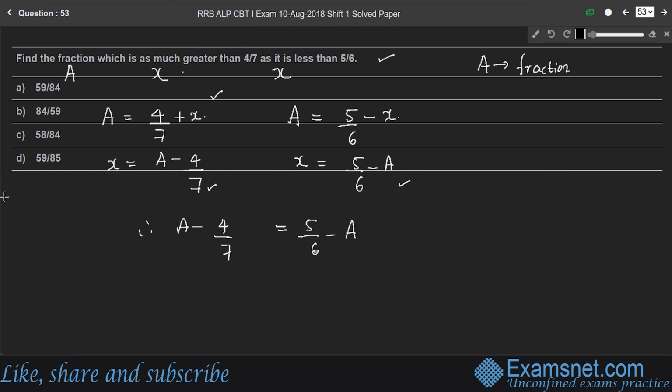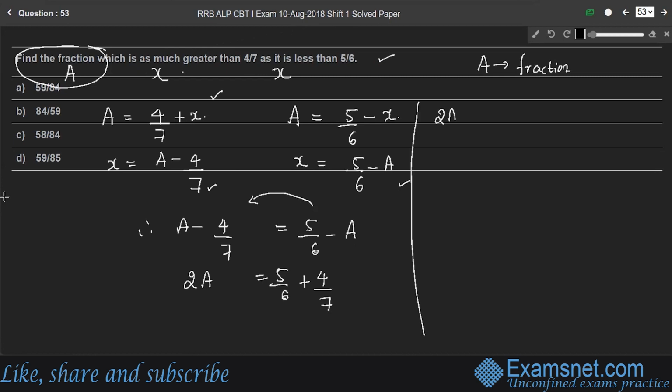So what is asked in the question? Find the fraction. We need to find the value of A. Take this minus A to the other side, it becomes 2A is equal to 5 by 6 plus 4 by 7. The LCM is 6 into 7, which is 42, and the numerator becomes 5 into 7 plus 4 into 6.